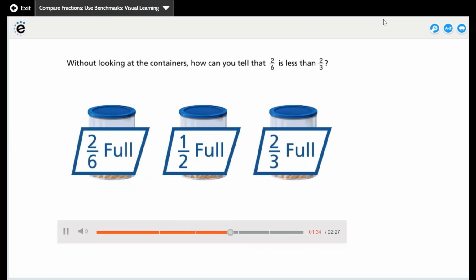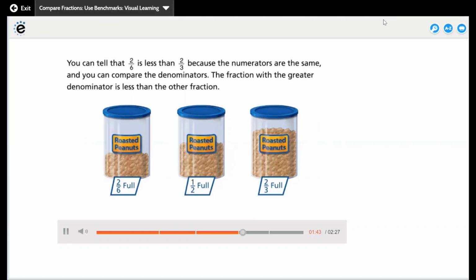Without looking at the containers, how can you tell that 2/6 is less than 2/3? You can tell because the numerators are the same, and you can compare the denominators. The fraction with the greater denominator is less than the other fraction.